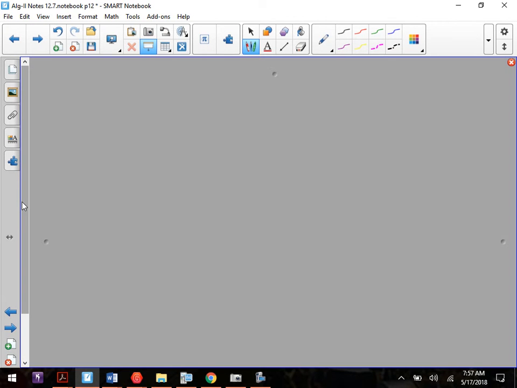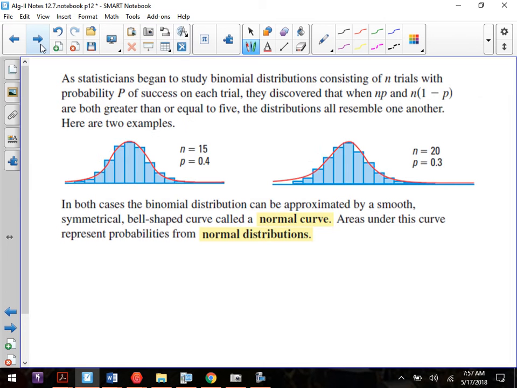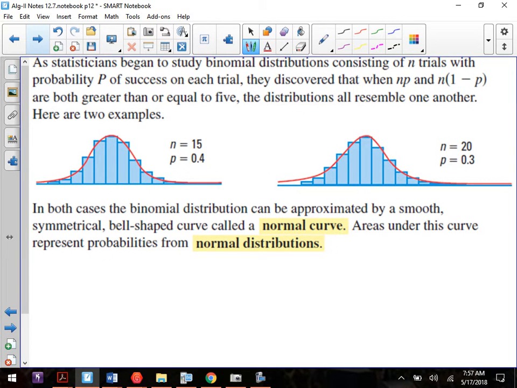Normal distributions, don't write any of this out. What happens here is that as curves, and whenever you have probability, when you have a binomial distribution, after your n value is larger than 5, it usually starts to norm itself out.